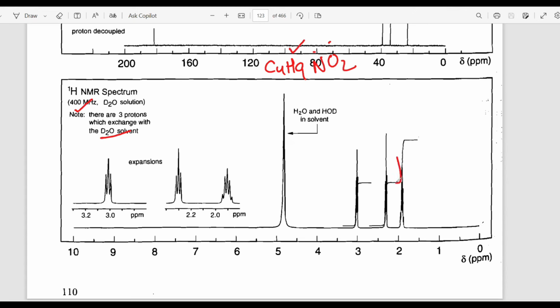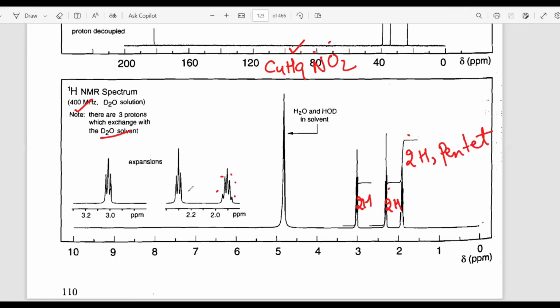Now the unknown compound contains 9 hydrogen. If you see this integration and this integration and this integration, they are 100% the same. It means each is a signal of 2 hydrogen. The expansion is given over here: 1, 2, 3, 4, 5. We are getting a 2 hydrogen pentet.